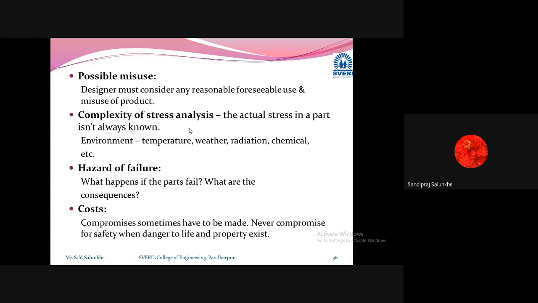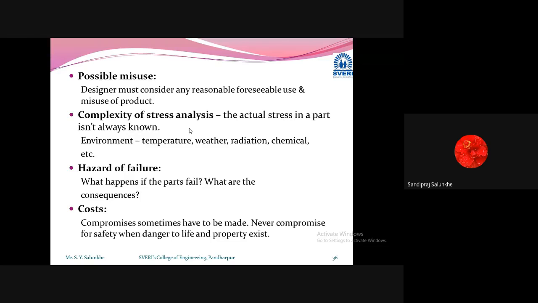Next, possible misuse. In our example, we have seen that the designer was unable to consider the misuse of that footrest. But every possible misuse of the component which you are designing has to be considered, at least the known types of misuse. When a component you are designing is not that critical, you are not bothered about it.